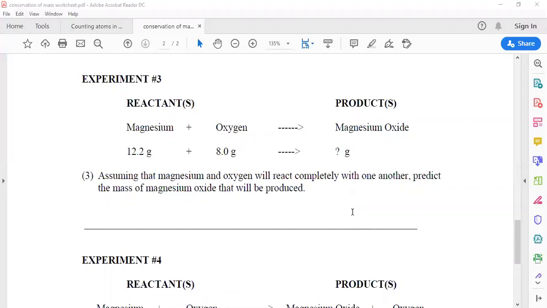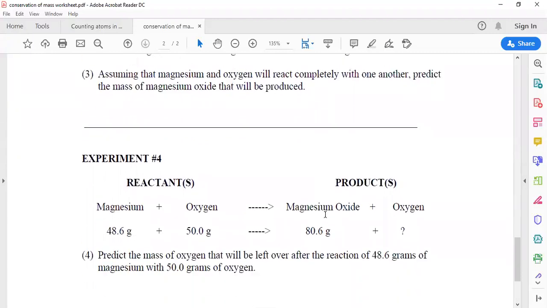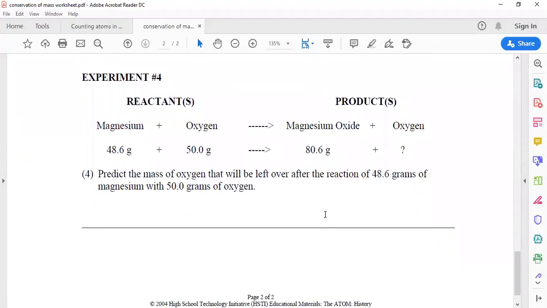If it's a closed system, how much magnesium oxide will you make? Well, once again, whatever I begin with, I must end with. If you add up 12.2 and 8, you get 20.2 grams. I'm not going to write that one down, that's pretty easy.